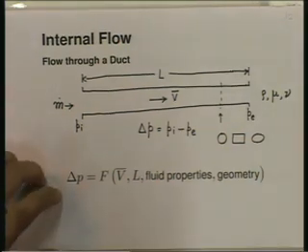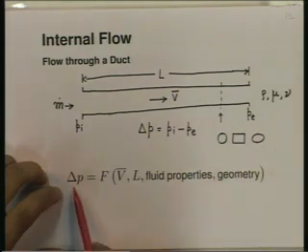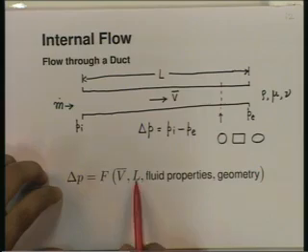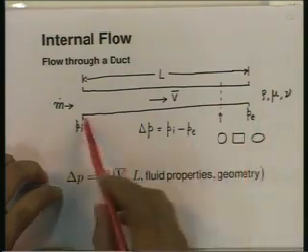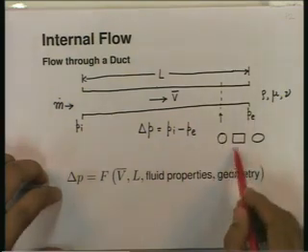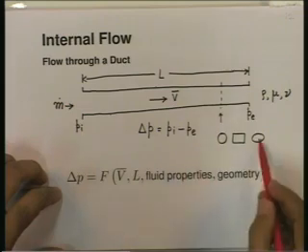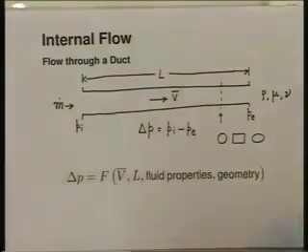The fluid mechanics problem here is to determine the pressure drop as a function of velocity, length, properties of the fluid and the geometry of the duct. Maybe the diameter, or the width and breadth, or, if it is an elliptical flow, the major axis and the minor axis.